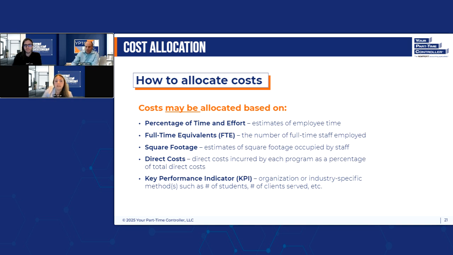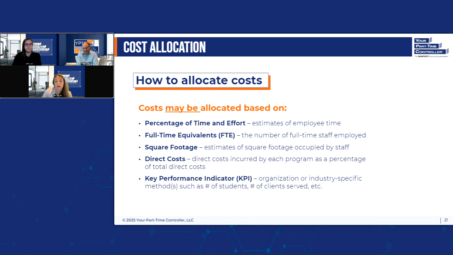These data points are relative to your organization and your specific industry, and your key indicators could be a number of students or clients served, or meals served, or beds housed, or whatever a metric is for you. It's important to know that regardless of how you do this, your management judgment comes into play. That's an important thing in identifying what methodology to use.